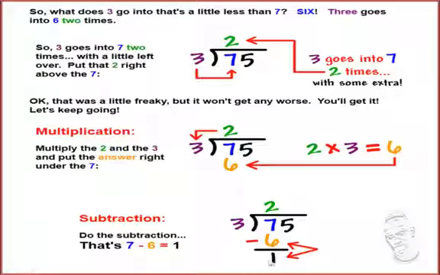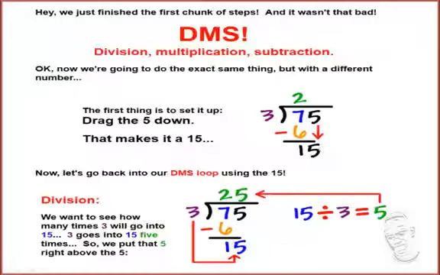However, we have an extra 1 because we didn't get a 0 here. So what do we do next? We bring down the 5. 3 into 15: again we start with the division step, and 15 divided by 3 is equal to 5.